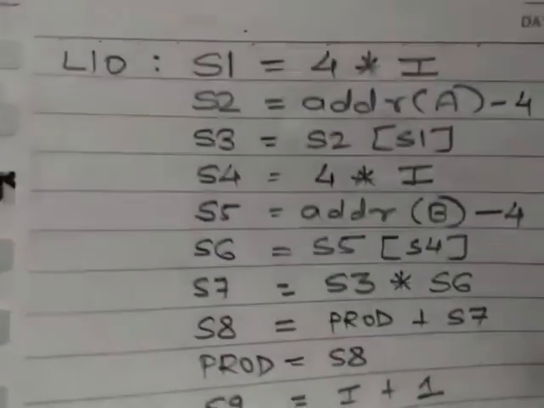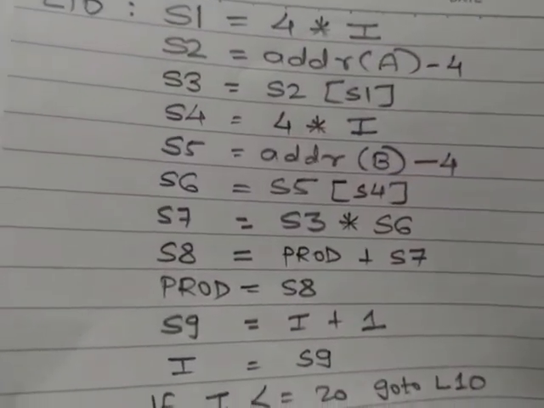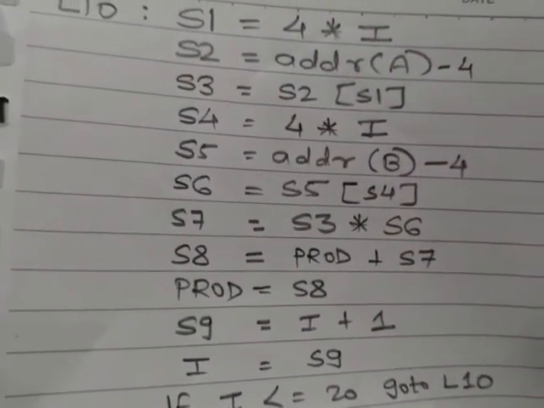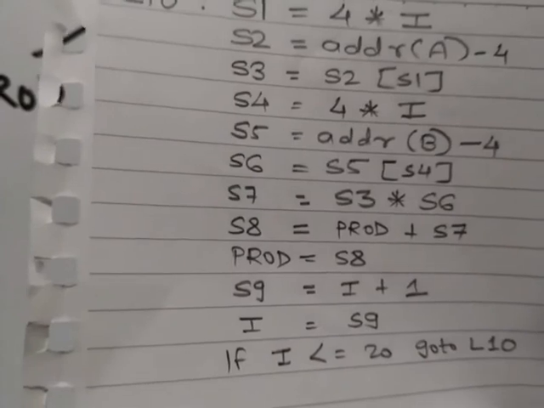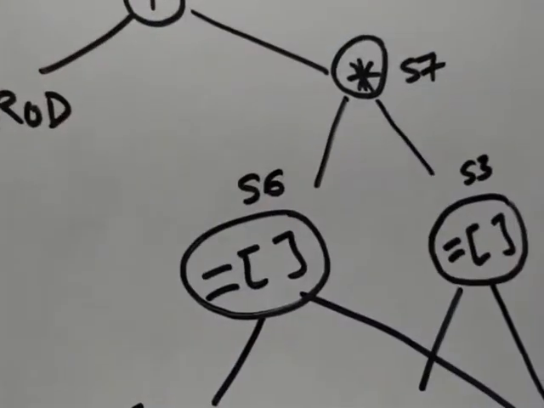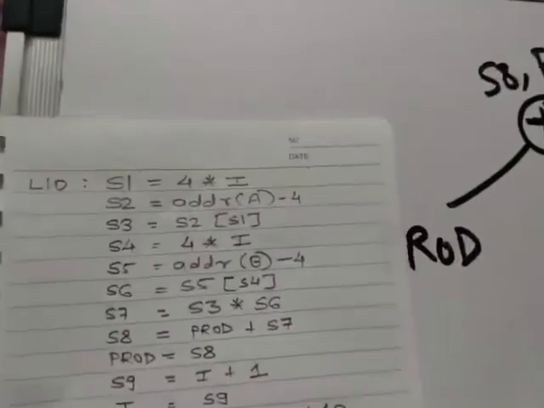Now if you look at this particular given block of code here, some of the sub-expressions are repeated. Just consider S1 and S4. So here S1 and S4 are similar to each other.